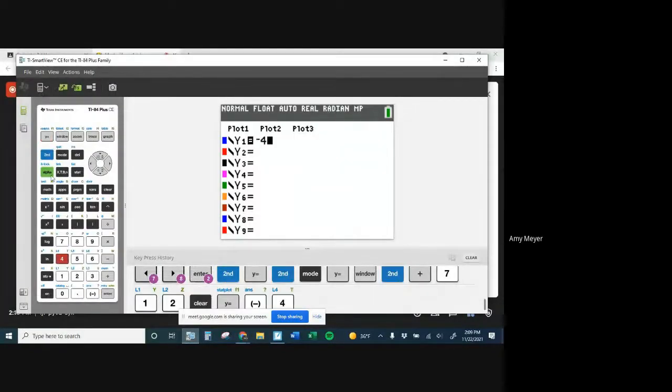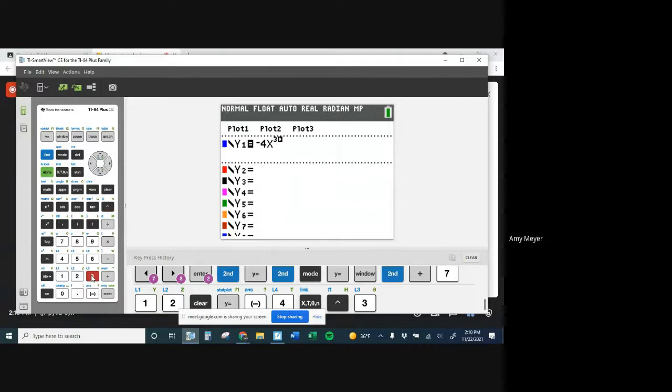Negative 4. The X is still up by alpha. The caret is above divide, so to the third. Notice you're going to stay up in the exponent unless you click over. Everything you type after that is going to be up top. So hit over. I forget my function now. What was it? Plus 130 W squared? Thanks.